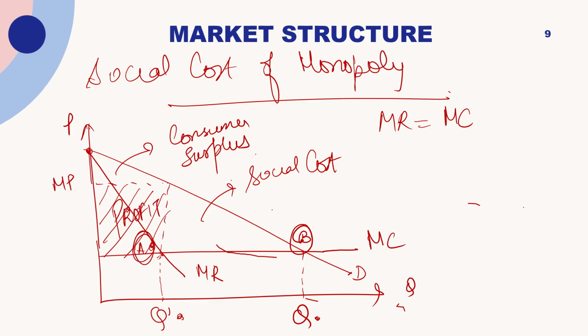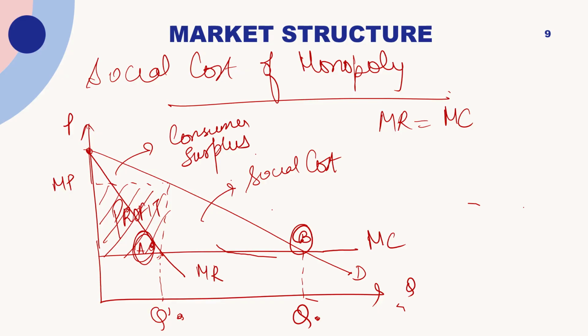Therefore, they could not buy it. This is what is social cost. This area is neither in your producer surplus, neither in your consumer surplus, nor is it in your profit area. So that's why it is in none of the areas. Therefore, we say dead weight loss.